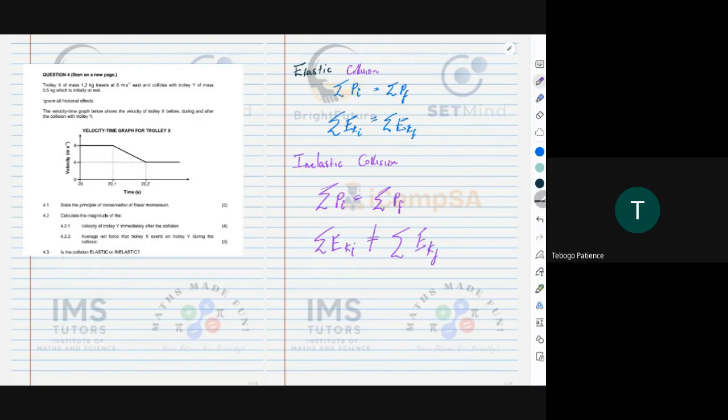So now, we would need to prove that it is inelastic. That means we would need to prove that the initial kinetic energy and the final kinetic energy are not equal.